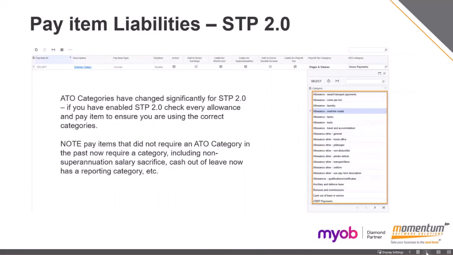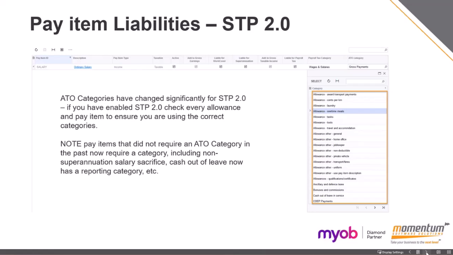And with the introduction of STP2, the number of pay item liabilities and ATO categories has increased. Previously it used to be 10, 20 ATO categories. Now there are 50 to 60. So we need to check every allowance and pay item to make sure you are using the correct categories.